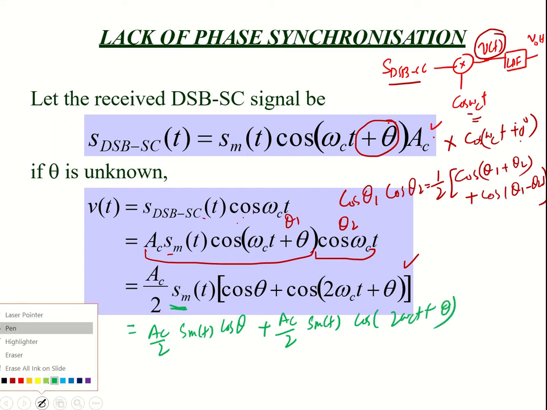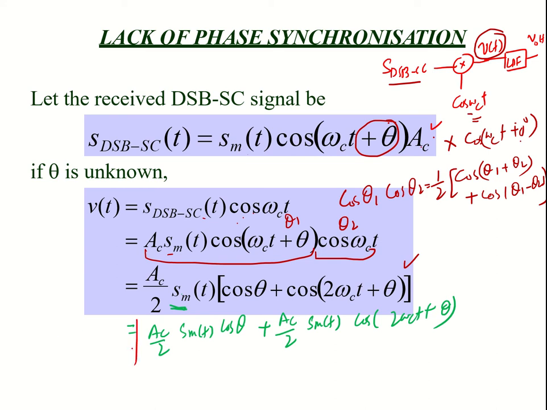When it goes through the low pass filter, only the low frequency term remains, and our output will become only Ac over 2 Sm of t cosine of theta.